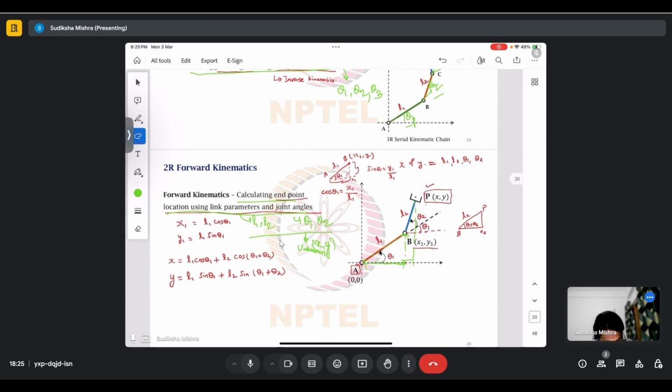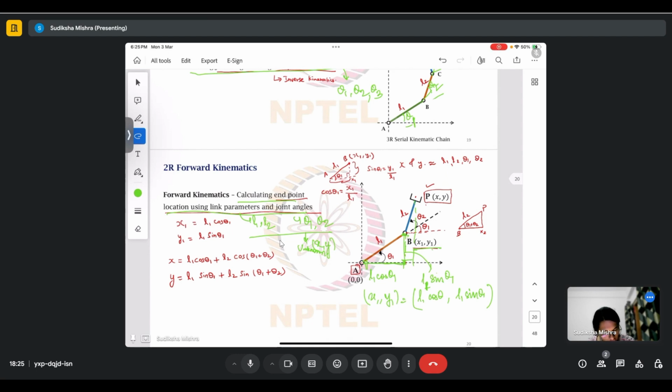This particular length will be L1 cos theta 1, and this particular length will be L1 sin theta 1. So your x1 comma y1 coordinate becomes L1 cos theta 1 comma L1 sin theta 1. So you know this.